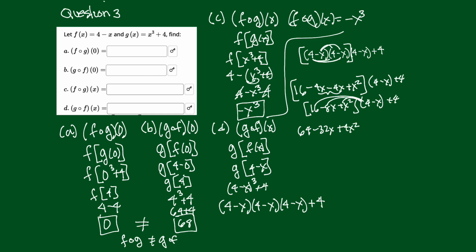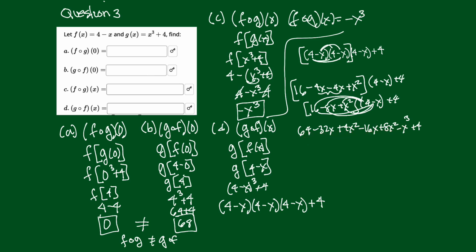Now take the minus x through, so it'll be minus 16x plus 8x squared minus x cubed. And then you've still got that 4 out there. Now let's fix this up here. So I'm going to count the x cubes, then the x squareds, then the x's. What have you got for x cubes?